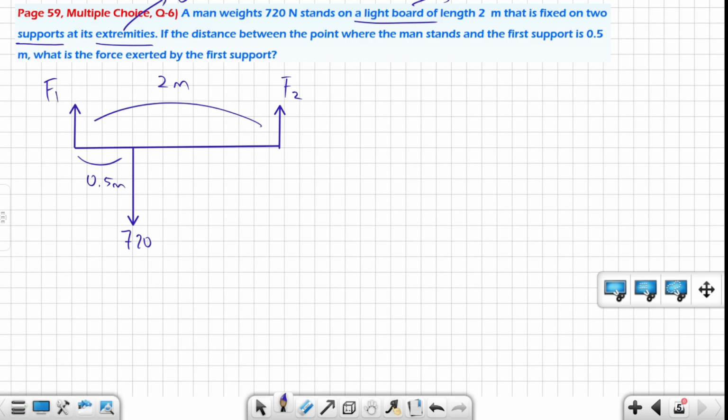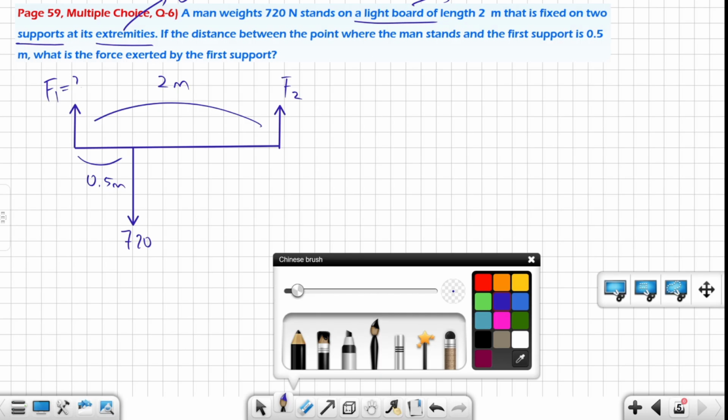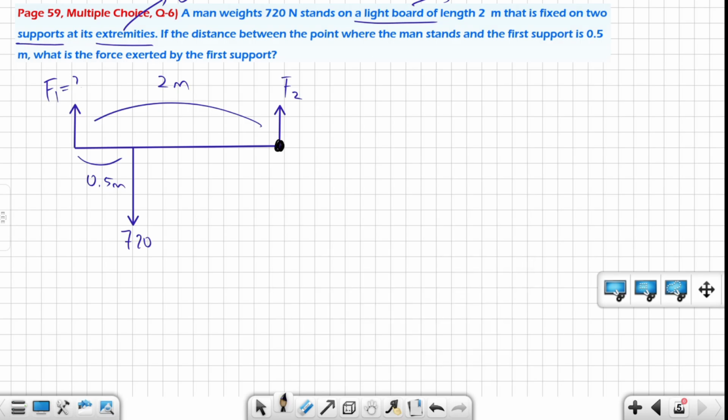Now, I have completed the question. I need to choose an axis. The question is asking us to find F1. So I will be choosing F2 as the axis of rotation. And now I need to determine the distance of every force from the axis of rotation. So the distance of F2 is already equal to 0.